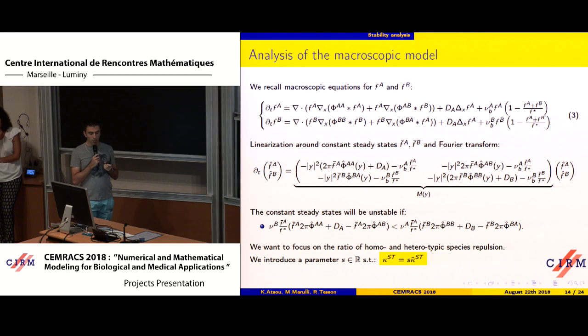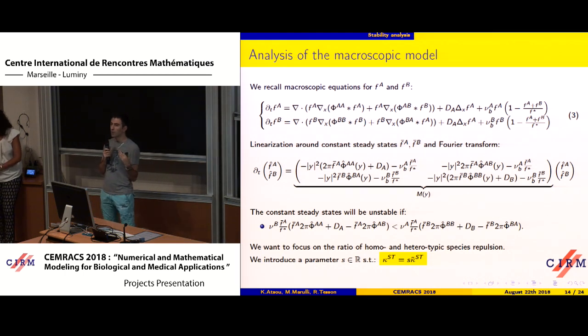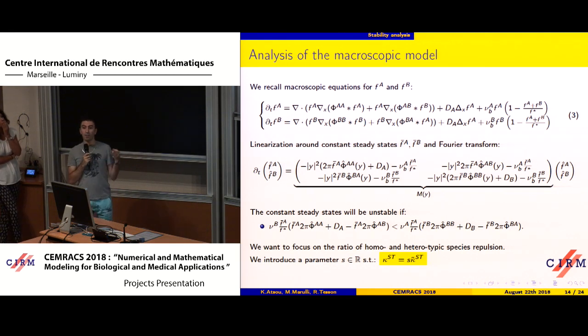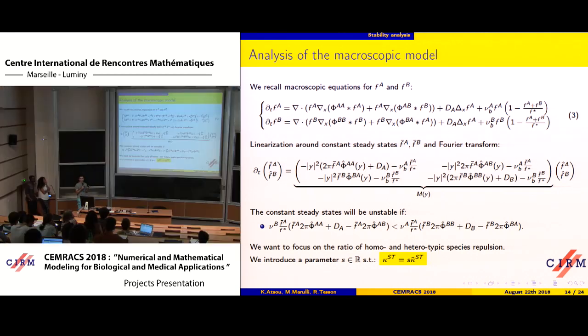Why? Because you have a steady state for this model, which is a homogeneous one, where the densities are the same everywhere. And you want to know if this state is stable or not. Because if the homogeneous steady state is stable, then you can't hope to have some aggregation.